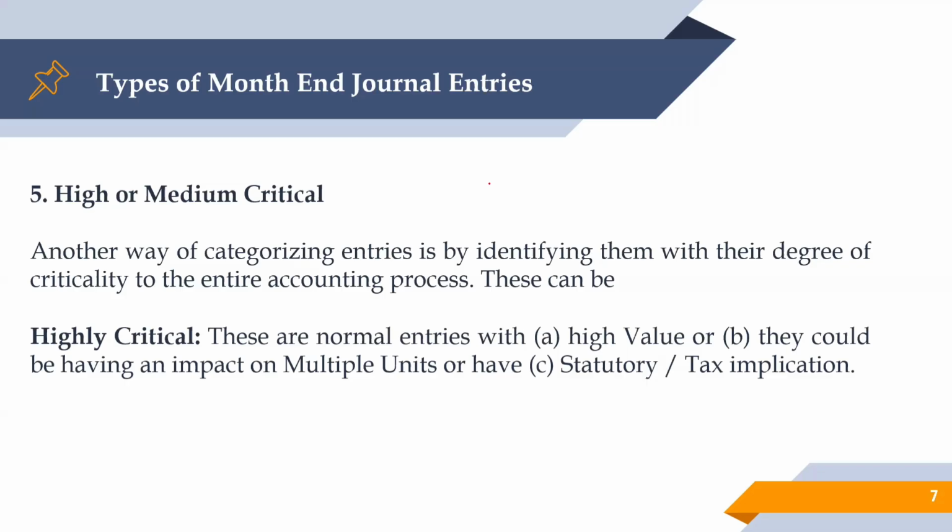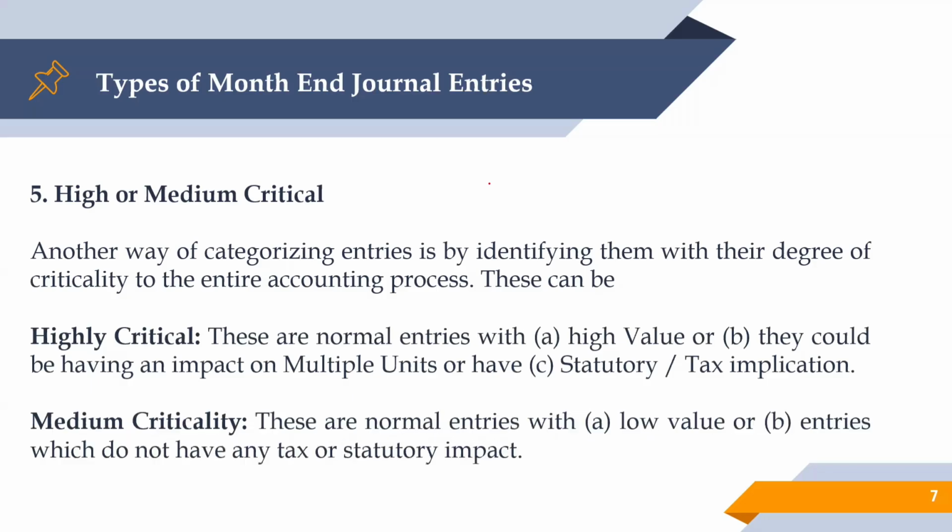That's going to be considered high critical journal entries, which impact multiple units, or the value of that entry is high, or it directly has statutory or tax implications. Medium criticality are normal entries with a low value or entries which do not have any tax or statutory impact. That's going to be considered medium criticality.